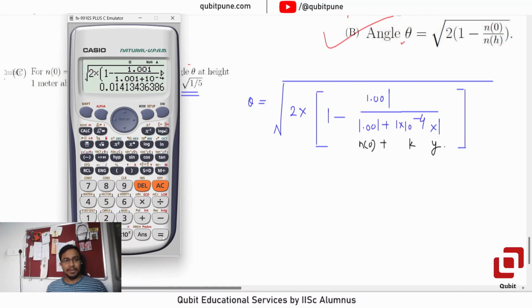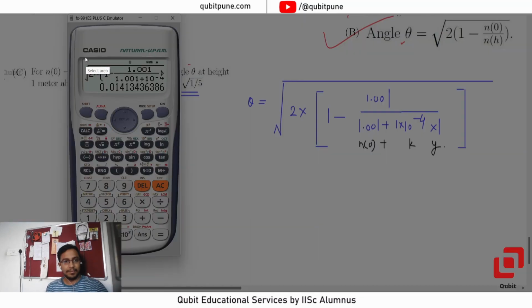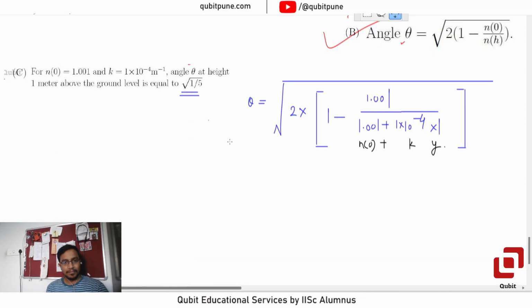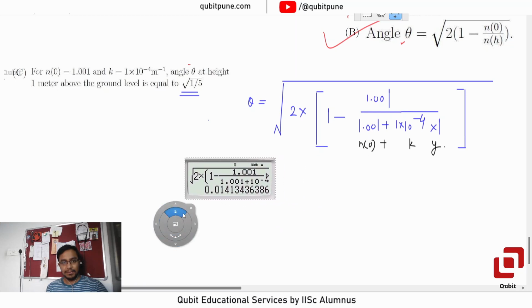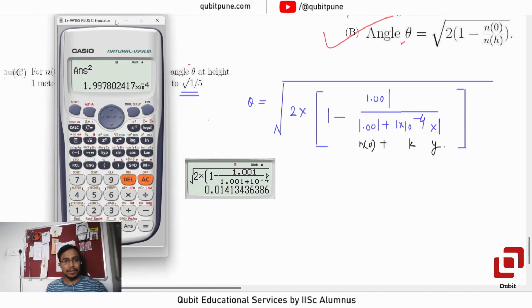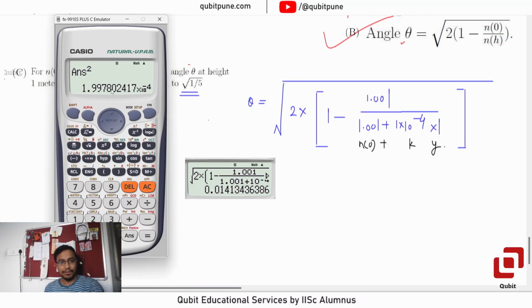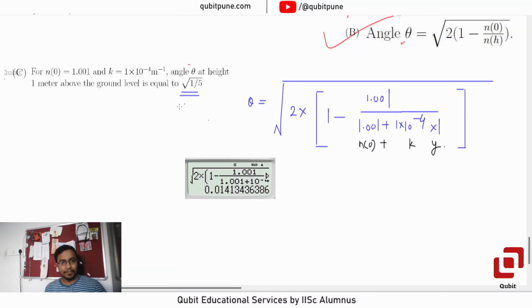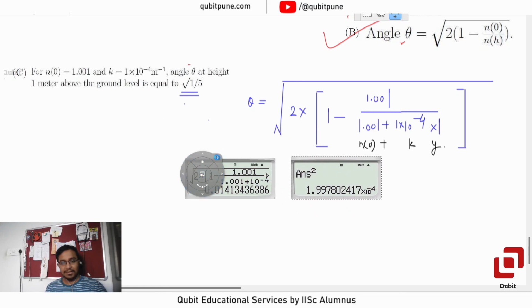That is 0.014. Let's not take the root. That is 2 into 10 raised to negative 4. And is it equal to 1 upon 5? No, that's definitely not equal to 0.2.